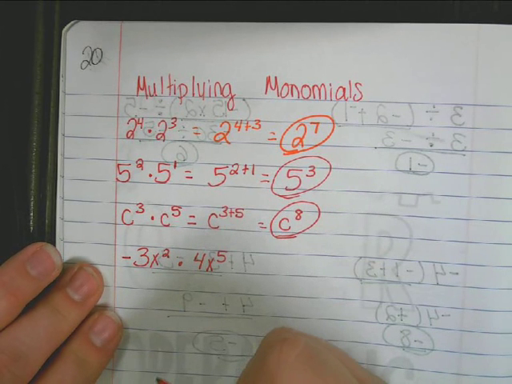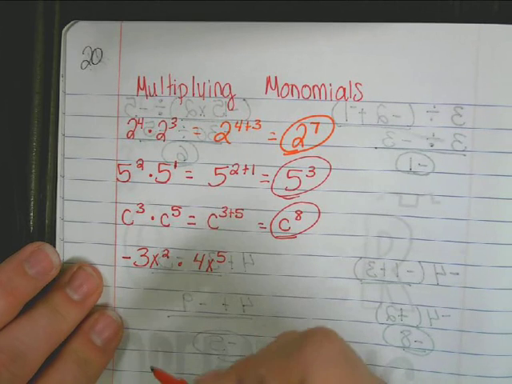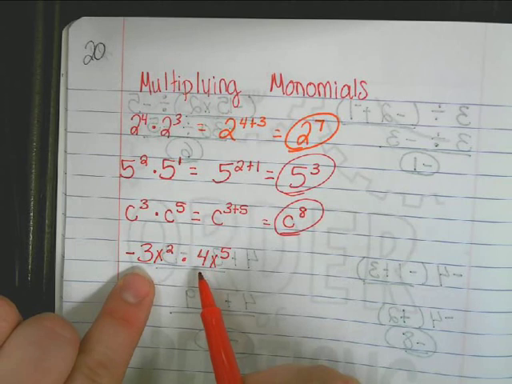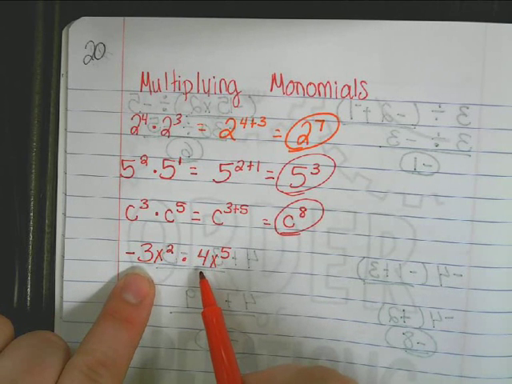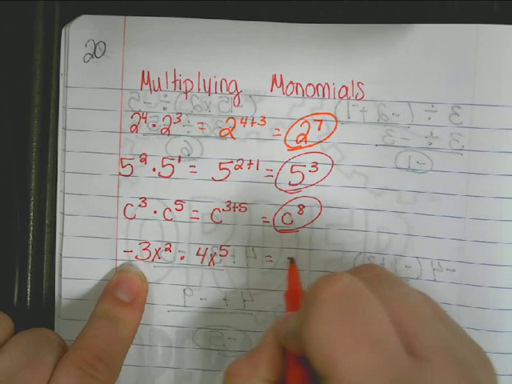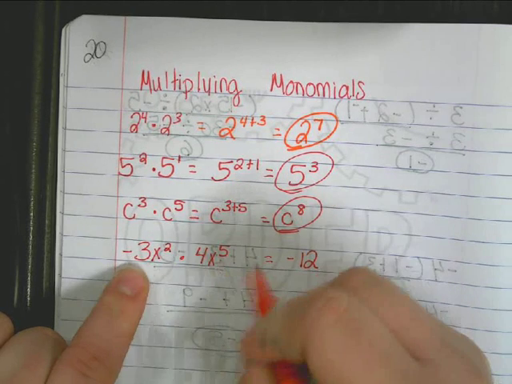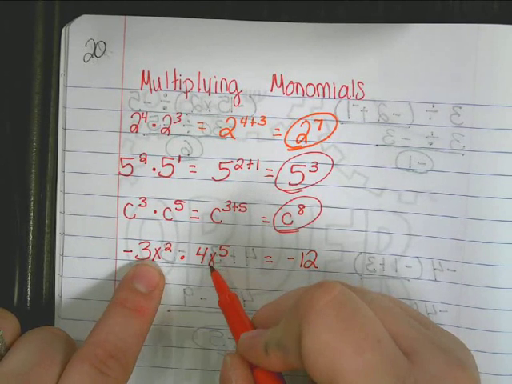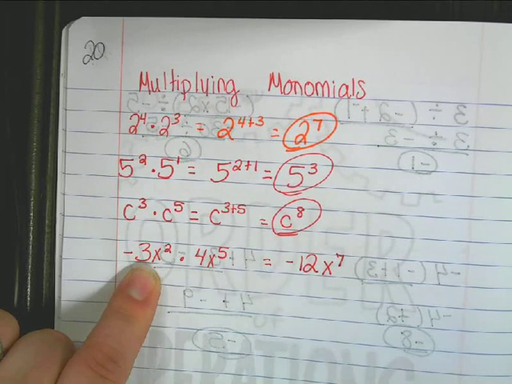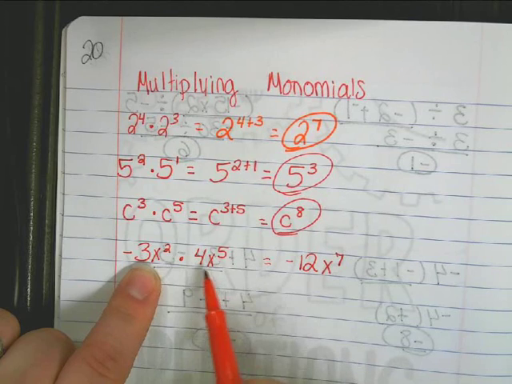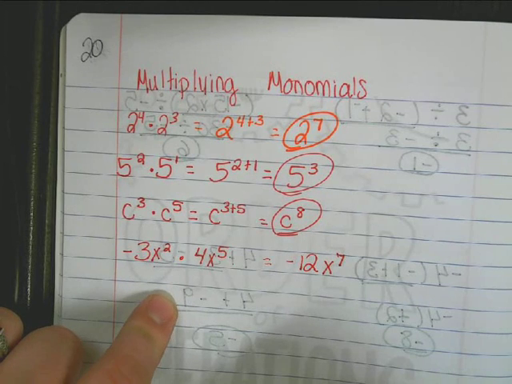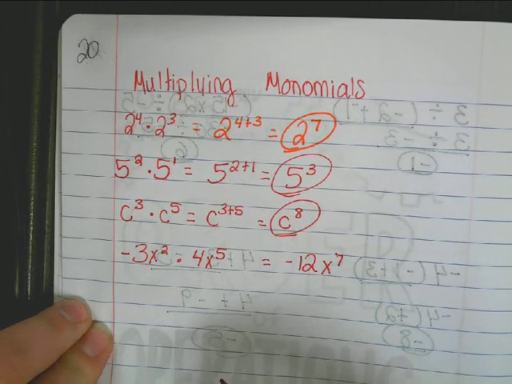When your first number is different, you're going to multiply that. So you're going to take negative 3 times 4, which would give you negative 12. Now keep your base and add the exponents, so negative 12x to the 7th, 2 plus 5.